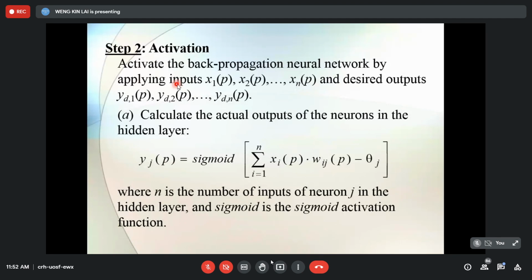Therefore, in such cases, normally you don't use a hard limiter, you use a sigmoid, which is more relevant for continuous values, except if you want to use a network to learn a binary function. Once you have this number, you apply these values to a sigmoid function and see what the final output is based on the sigmoid activation function.